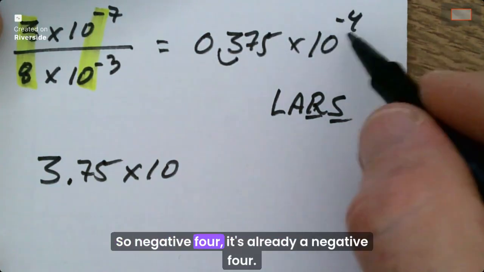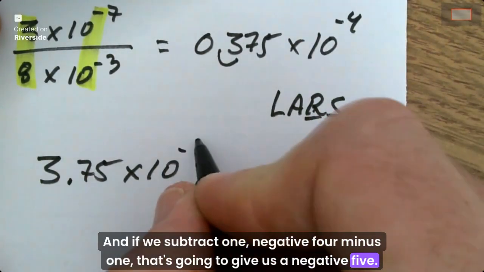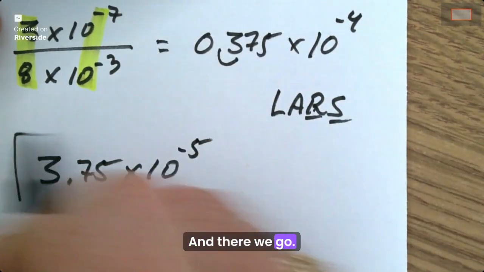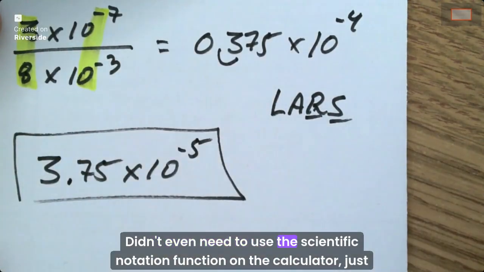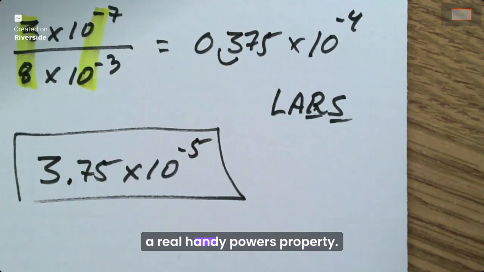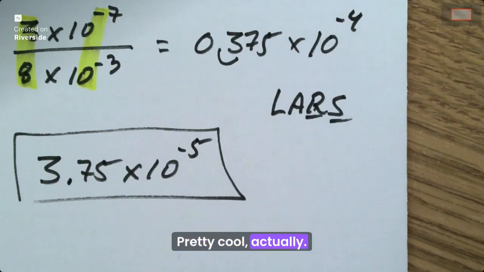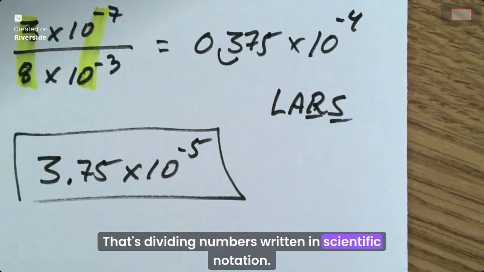So negative 4, subtract 1, negative 4 minus 1, that's going to give us a negative 5. And there we go. Didn't even need to use the scientific notation function on the calculator, just using our fundamental principles and a real handy powers property. We can work through these without too much calculator interaction. Pretty cool, actually. So there you go. Hope that helps. That's dividing numbers written in scientific notation.